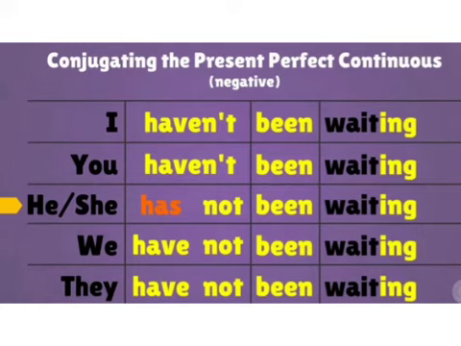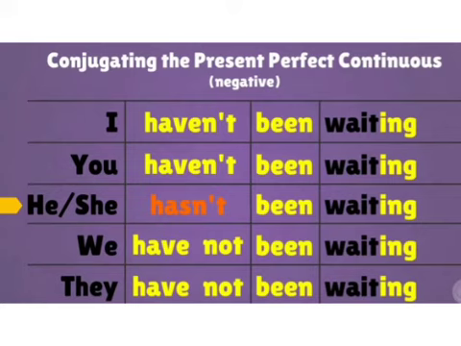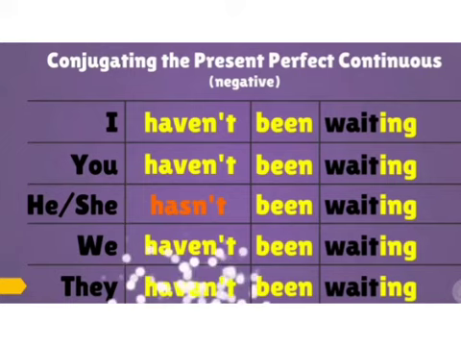Third one, he hasn't. Yes, he hasn't been waiting, and she hasn't been waiting. For we, yes, again right. We haven't been waiting. And for the last one, they haven't been waiting.